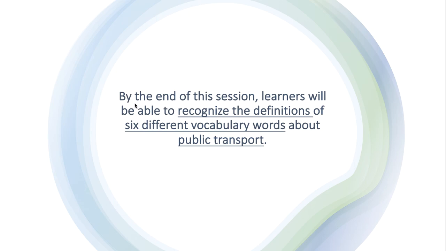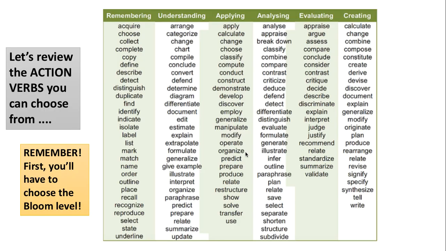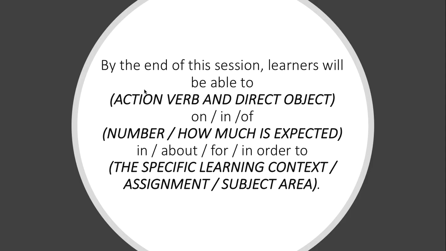Okay. By the end of this session, learners will be able to recognize what? The definitions of 6 different vocabulary words about public transport. Let's go back to the template.